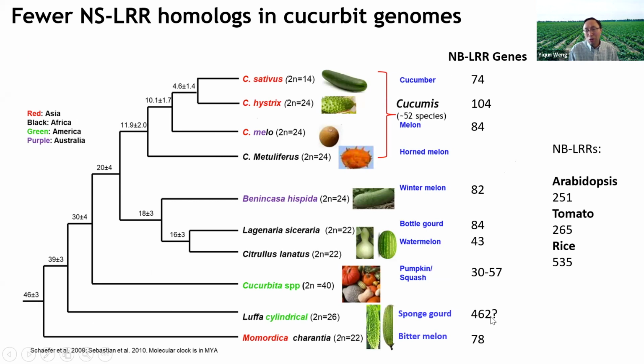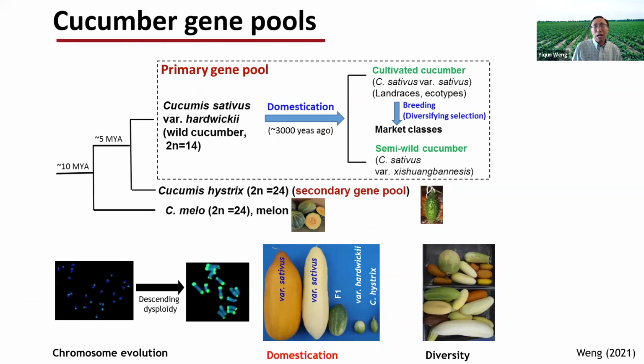The sponge gourd is the only anomaly, which I'm not sure is correct or not. But compare with Arabidopsis 250, tomato 265, rice even more, 535. So that's probably one reason. Another thing I have to say: yes, the primary gene pool is the wild cucumber, Cucumis sativus var. hardwickii.